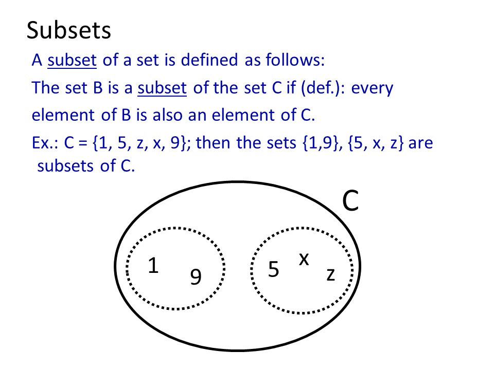The set B is a subset of the set C by definition if every element of B is also an element of C. Example: if C is equal to the set containing 1, 5, Z, X, and 9, then the sets B1 equal to {1, 9}, and the set B2 equal to {5, X, 9} are subsets of C. A set C can have many subsets. In fact, every set, the elements of which were taken from C, is a subset of C.